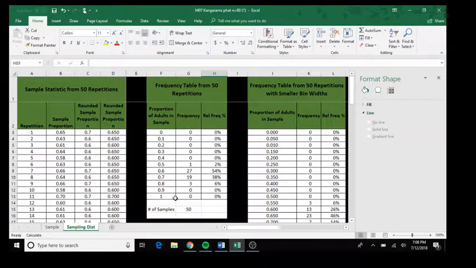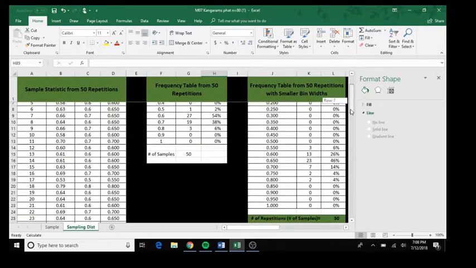This would be my zoomed out version. So my percentage for more than the mean would be 68%, and my percentage for it being under the mean would be 32%.